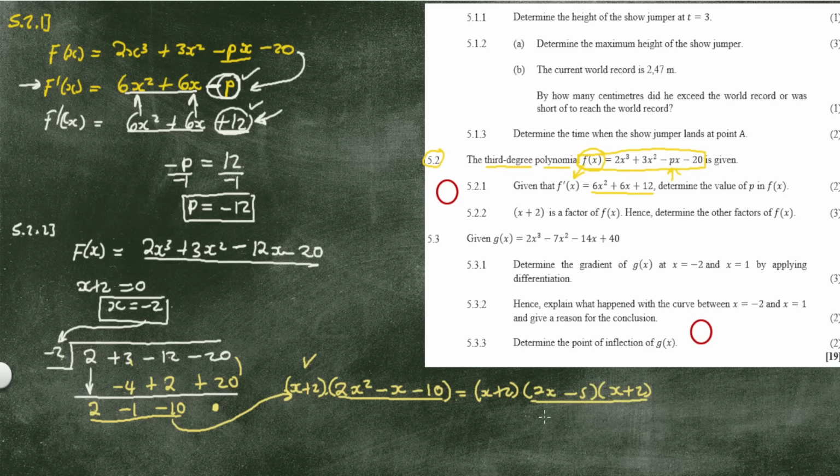So just do it in a quadratic equation. I think that's quicker. If ever you feel like I'm stuck, I don't know how to factorize a trinomial, just use a quadratic equation. So this is the given factor. The last two factors are the factors we were looking for. So that's 5.2.2 done. Alright, we have our factors of f of x.